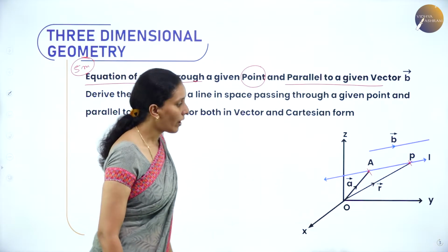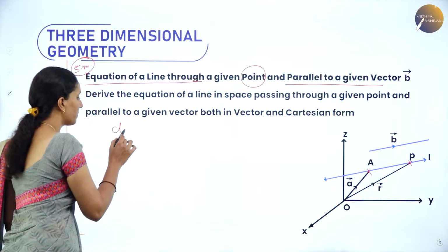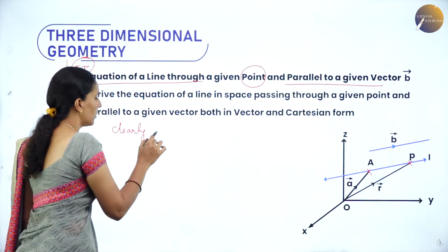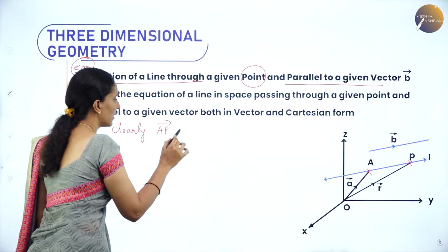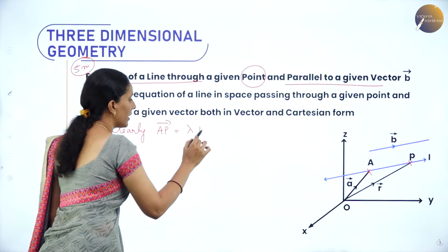And clearly from the figure we can see here vector AP is lambda into B.